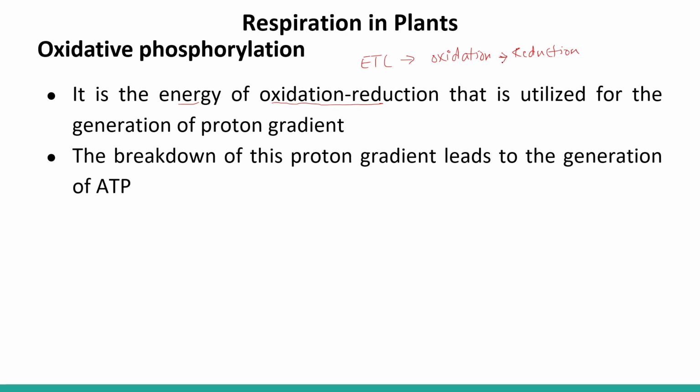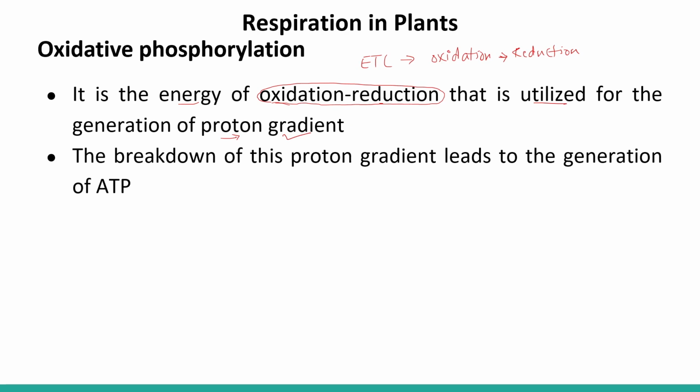Oxidation is loss of electrons and reduction is gain of electrons. So the energy of the oxidation reduction reaction, this is important, is utilized for the generation of the proton gradient. So this is what is happening in oxidative phosphorylation, and that's why it is also called oxidative phosphorylation.